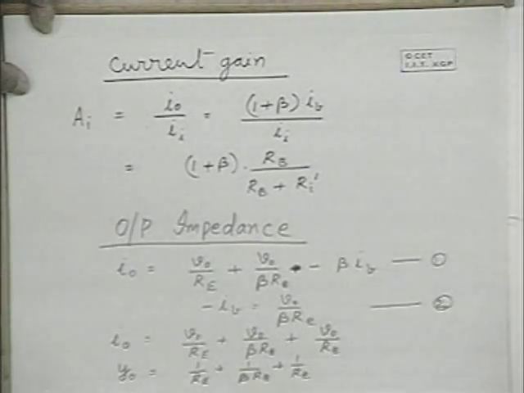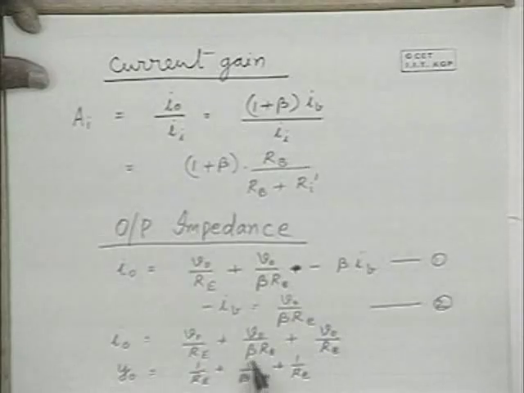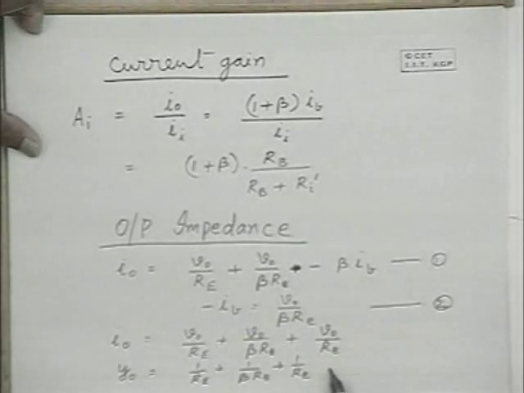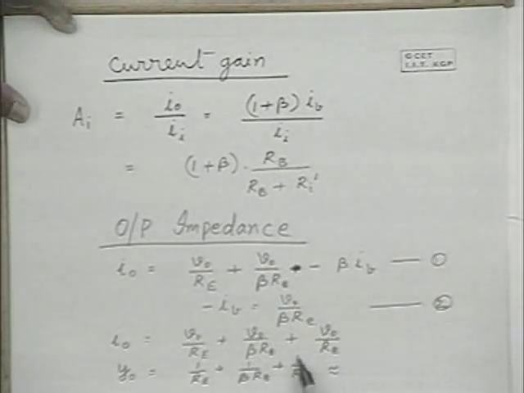So this means that the output impedance is RE in parallel with beta RE in parallel with another small re. So this is approximately equal to, since 1 by small re is much larger than 1 by beta RE, 1 by capital RE plus 1 by small re.